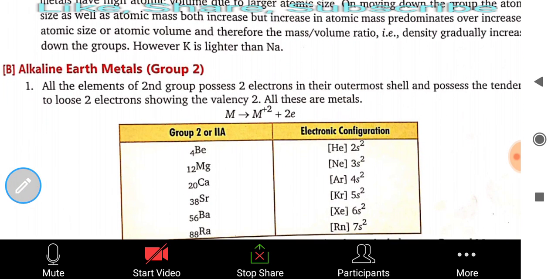Now we move to the alkaline earth metals. So why are they called alkaline earth metals? Because they do the same thing that alkali metals do, they also form soluble oxide and hydroxide when combining with water.